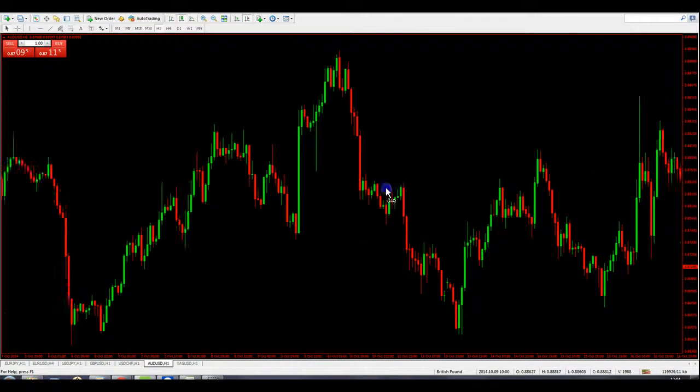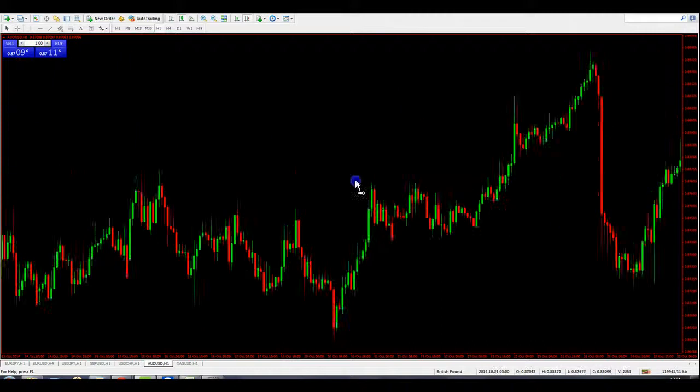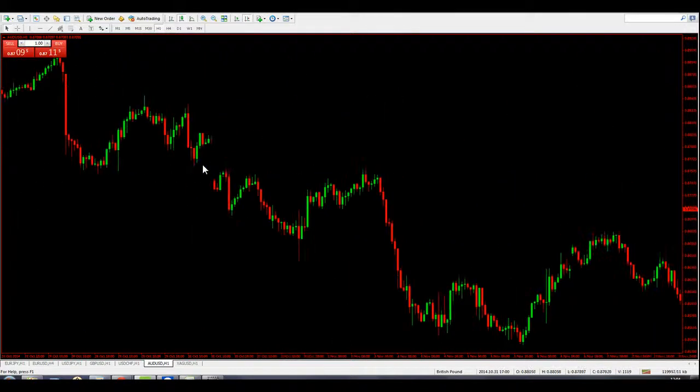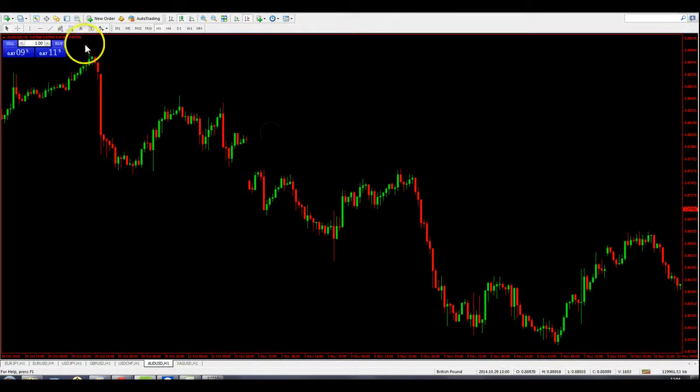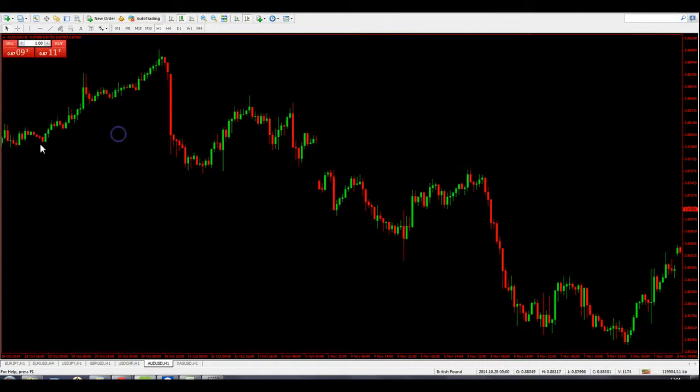Okay, so we're going to kind of switch the trends. So let's just say at this moment in time we know we're short, based on a trend line break. Doesn't really matter what it is. Let's just say that you based your trend on this. We know we're short now.